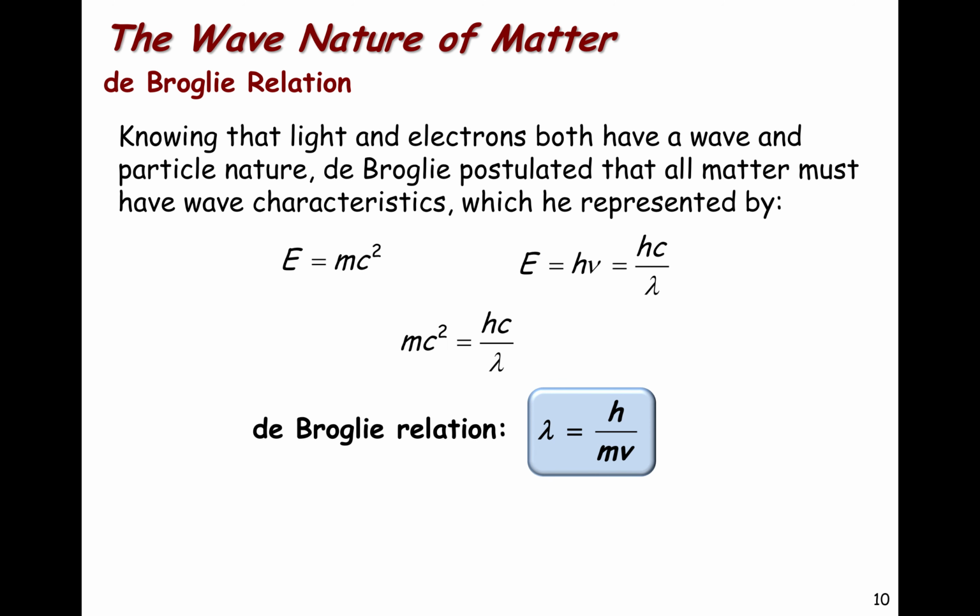That gives us the DeBroglie relationship, which states that the wavelength of a particle wave of matter is equal to Planck's constant divided by the mass of that particular particle times the velocity of that particle. Notice that the denominator of this equation is essentially the momentum.